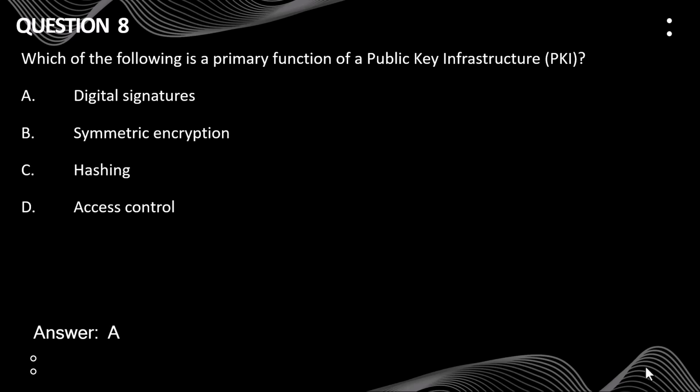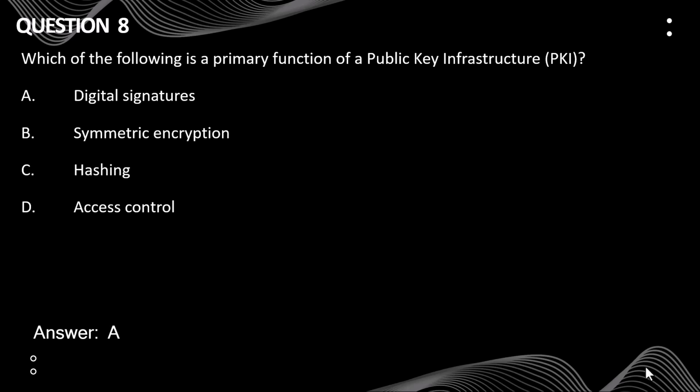So for the other options, symmetric encryption is not a primary function of PKI. PKI is based on asymmetric encryption, not symmetric encryption. Remember, for symmetric encryption, it's a single key that is used. For option C, hashing is used in conjunction with digital signatures and certificates, but it is not a primary function of the PKI itself.